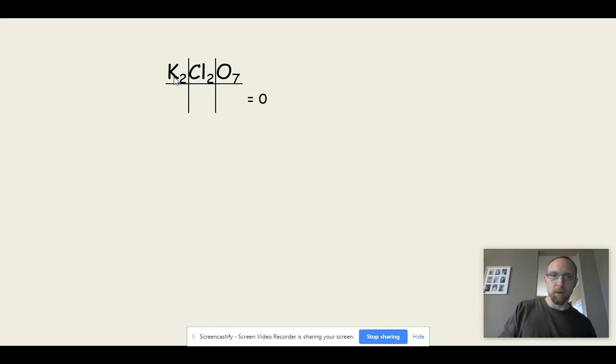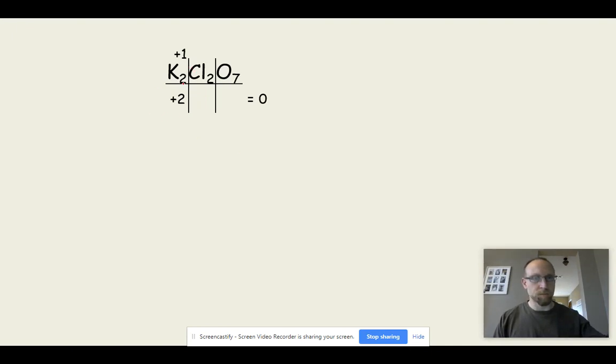Okay, so how do we do here? Well, again, use what you know to figure out what you don't know. We know K is a group 1 element. So if not, have your periodic table out, take a look at it. K is group 1, which means it's always +1. So +1 times 2 gives me a +2 total, right? So get your total on the bottom.